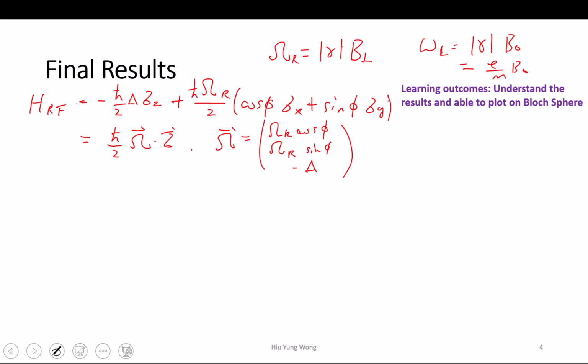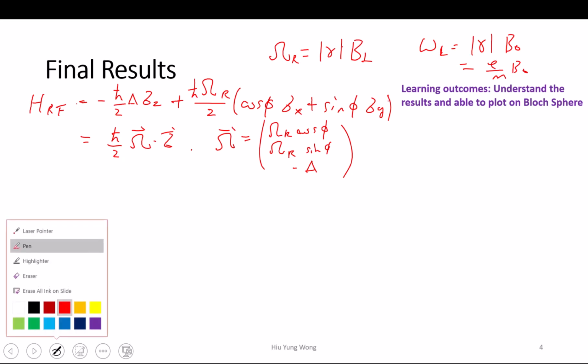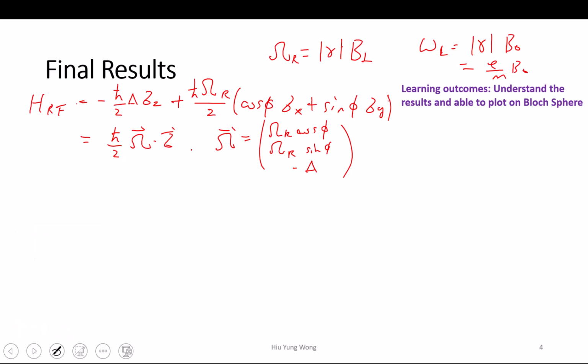These are equations, but let's understand a little better what they mean. What if delta equals 0? What does it mean? It means I set the rotation frequency omega 1 of my xy plane field equal to omega L. Remember what omega L is, and omega 1 is just what is given.